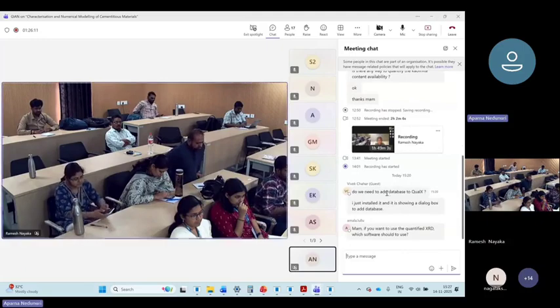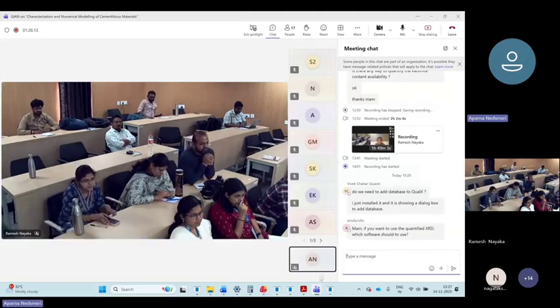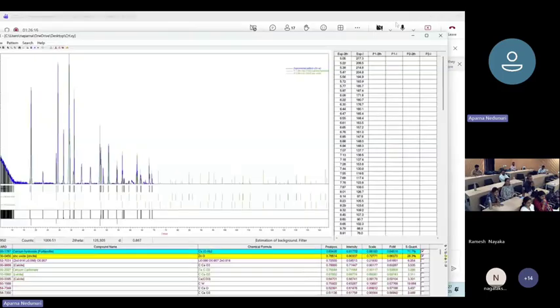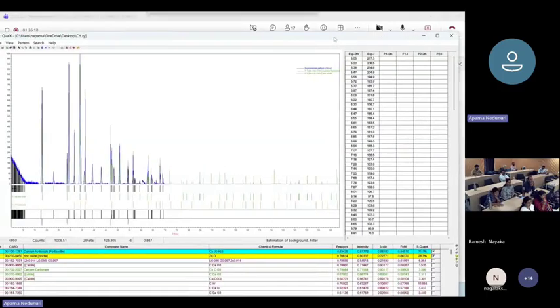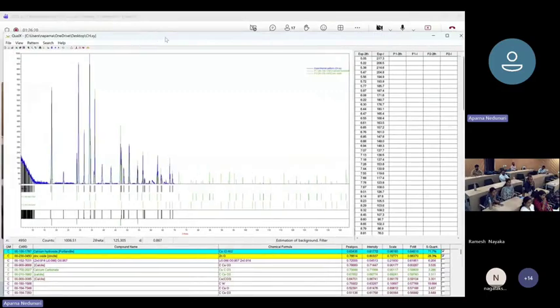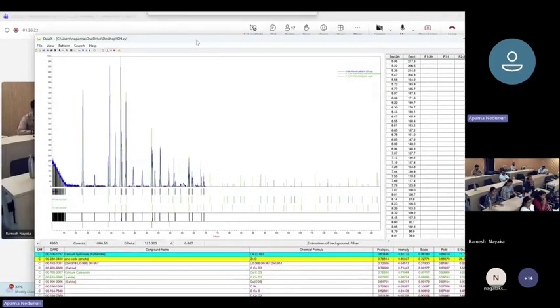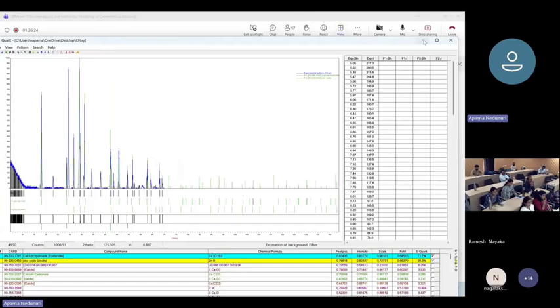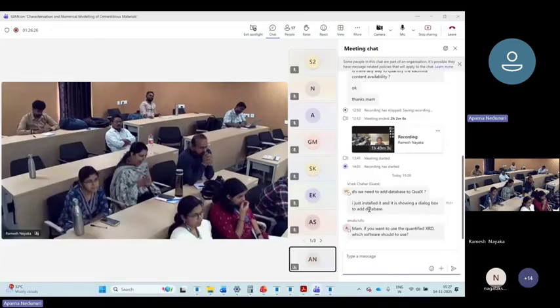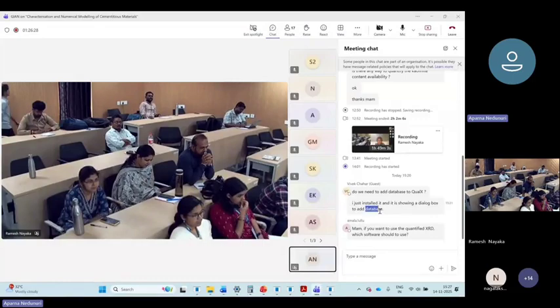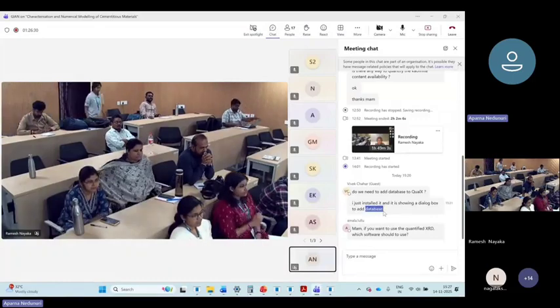Do we need to add a database to Qualix? If you would like to add your own database, that is also available. You can add the CIF file or the card that you want to have, and then you can add your sample. I believe the database is the CIF file that you are talking about rather than the sample.